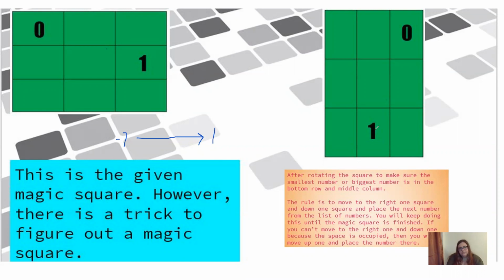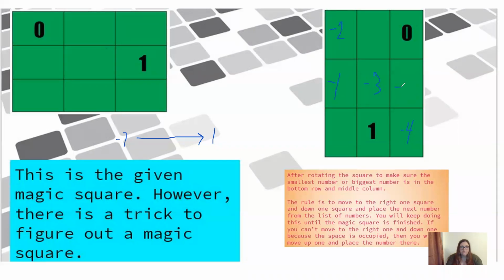So since we already had the 1, you would move down 1 and right 1 and put the 0, and it's already there. And then you'll do the same. So move down 1 and right 1, and this will be -1. Down 1 and right 1, and since this one is taken, you're going to put it above it instead. And then you're going to move from there. So down 1 and right 1, -3, down 1 and right 1, -4, down 1 and right 1.